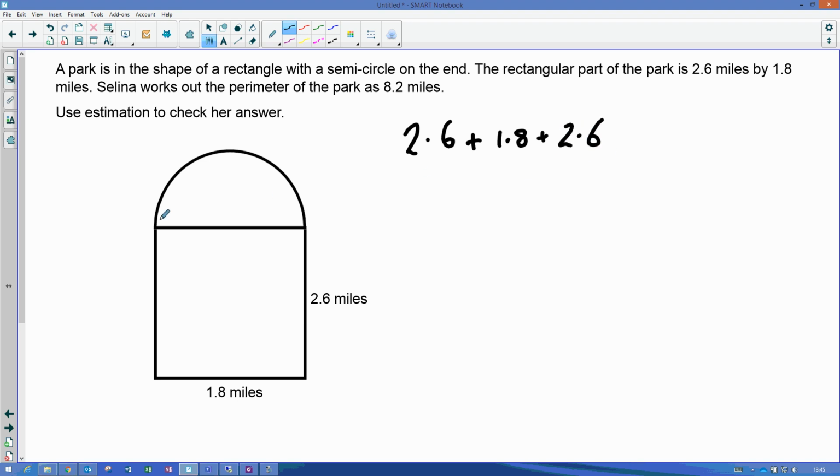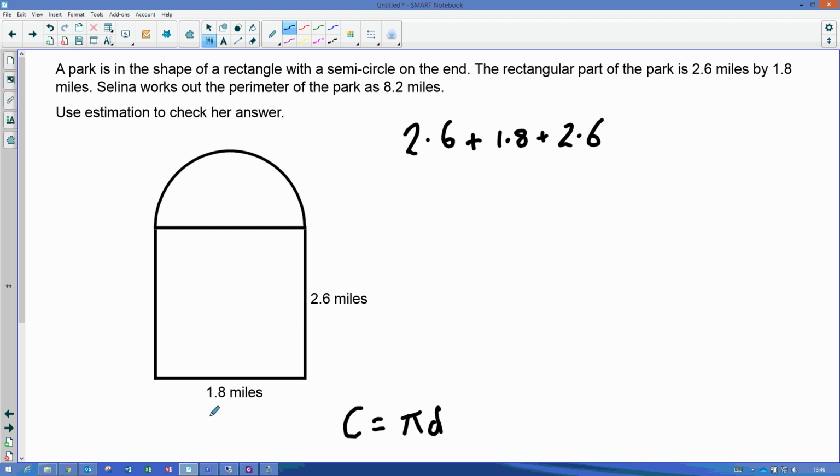And then we've got the slightly more difficult job of this distance. So this is a semicircle, that's half a circle. We should know that the circumference of a circle is given by the formula pi d, where d is the diameter, or sometimes 2 pi r if you've got the radius.